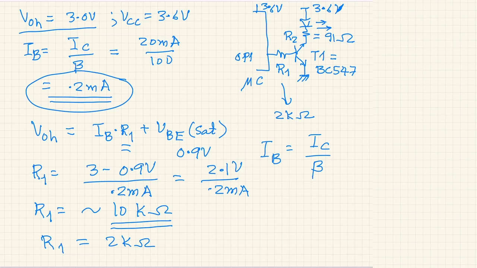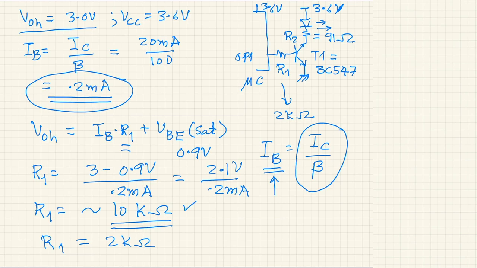If you want to operate the transistor in a switch mode and you want to saturate the transistor, the required base current should be much more than you get by this equation. Which is what we saw in this example, that the nominal value of base current from this equation leads to a value of resistor R1 of 10 kilo ohm.